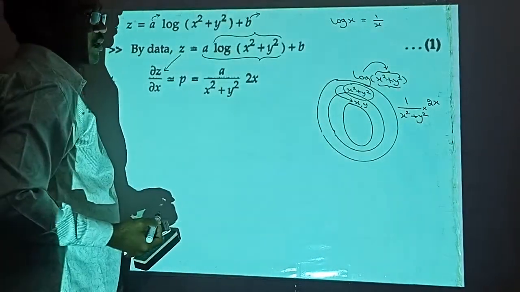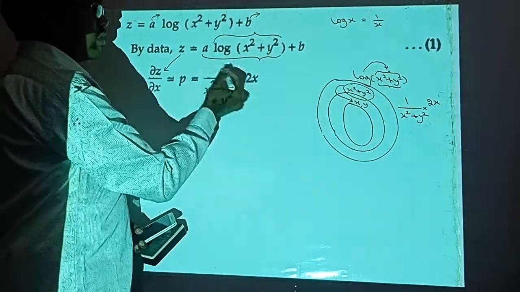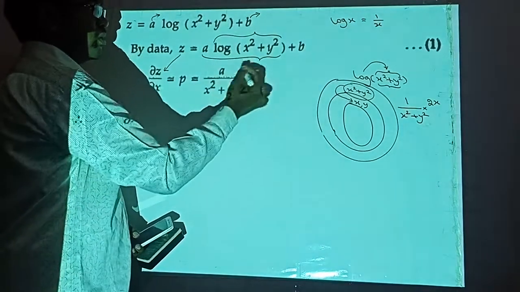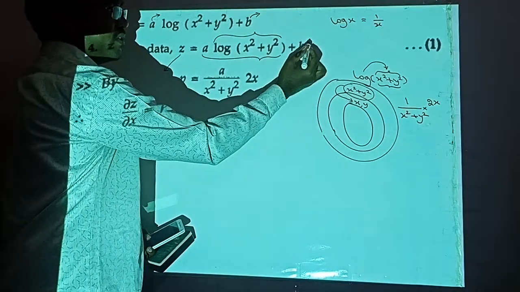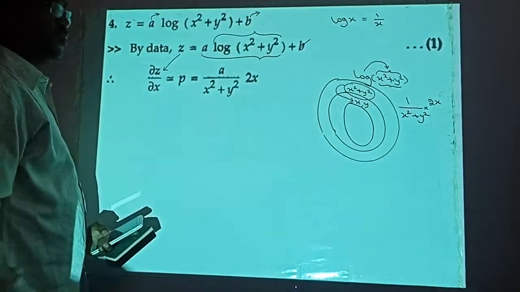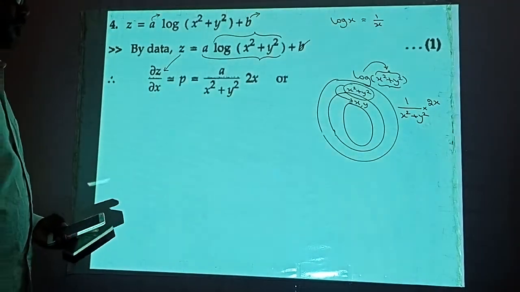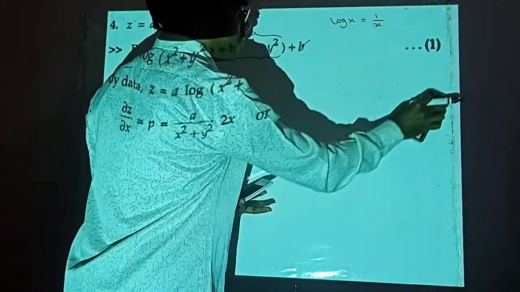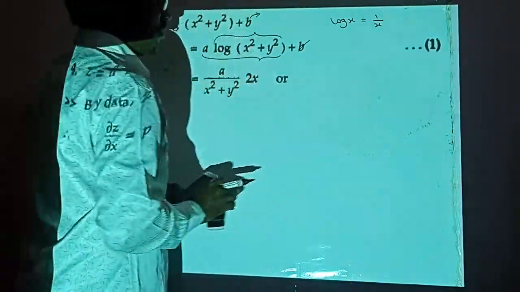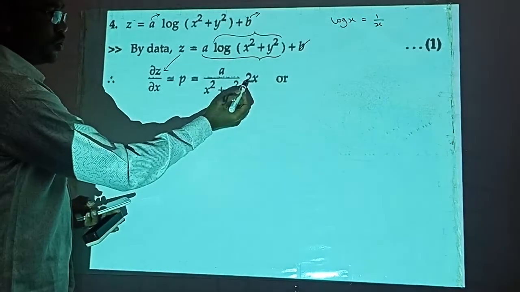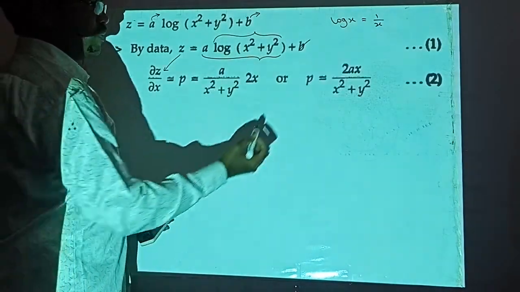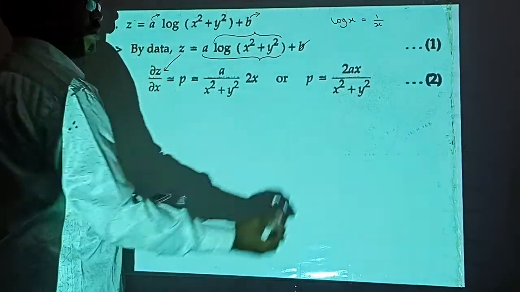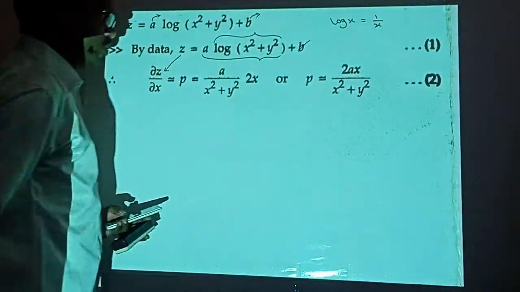What do you get? 2x. So this completes the differentiation of this with respect to x partially. Plus, what is the differentiation of b? It is 0. So what is your p therefore? So your p is equal to 2ax divided by x square plus y square. Call it as equation number 2.